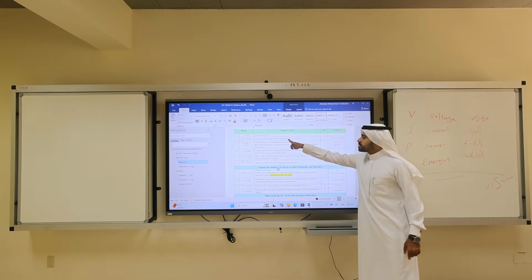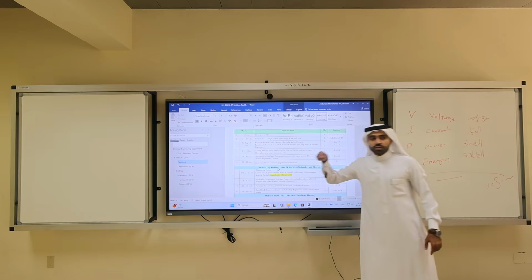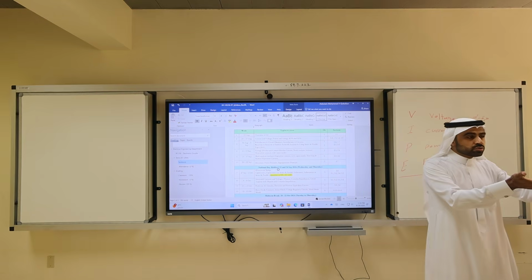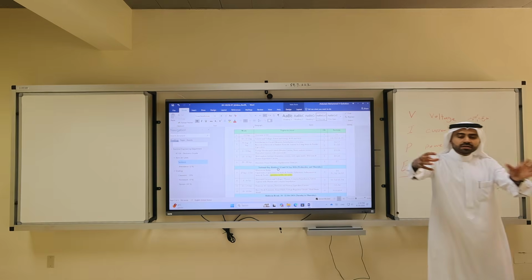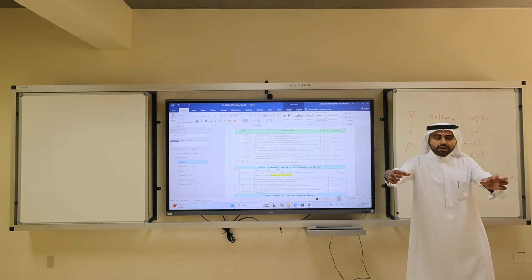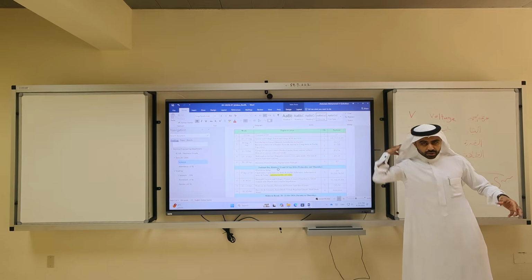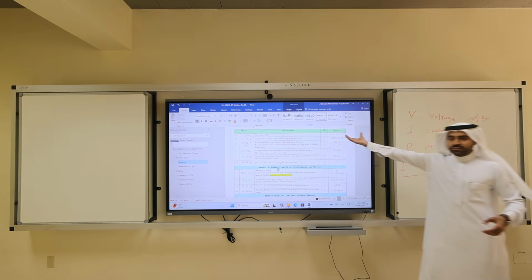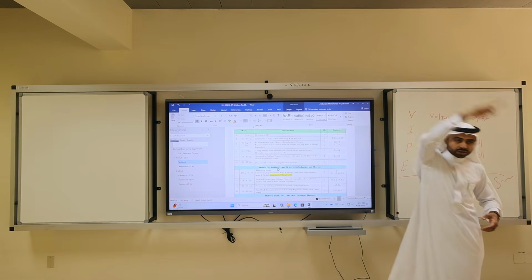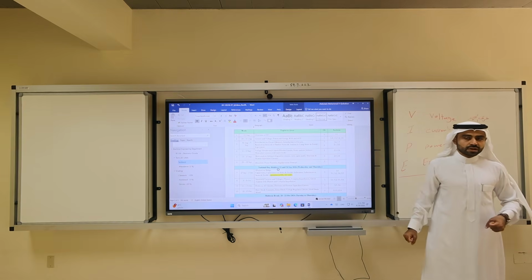Then we will talk about KVL and KCL. We did it in high school, we did it in Physics 102, but we did it in very small circuits. How can we apply this law in bigger systems? This is what we're going to do. Basically, KVL is the summation of voltages across a loop is 0.